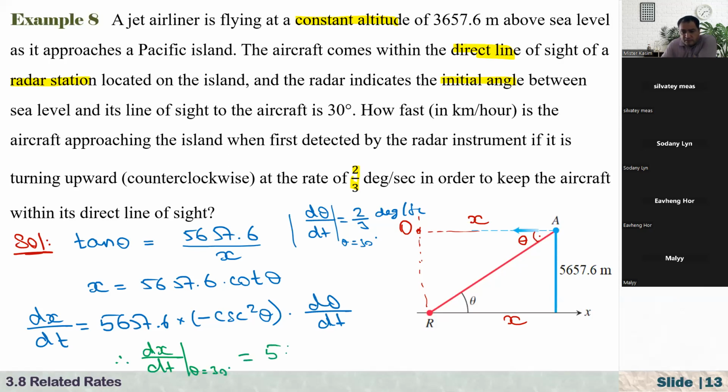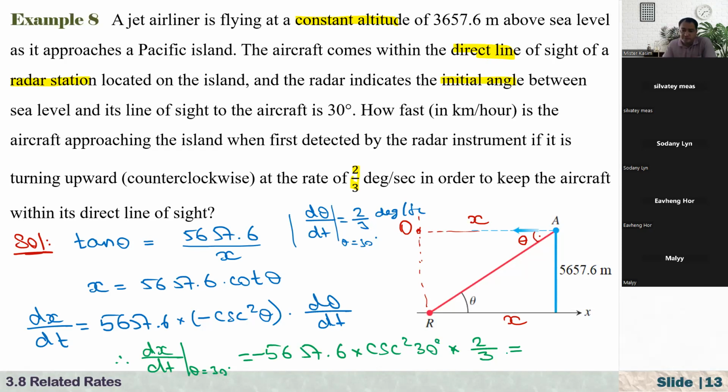That's equal to 5657.6 times minus cosecant squared of 30 degrees, times d theta dt, which is 2/3.